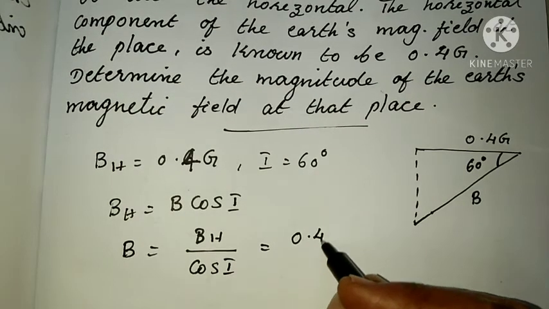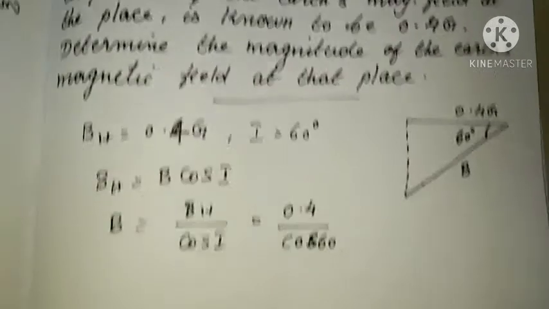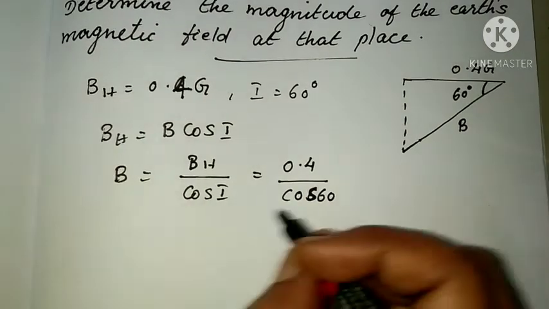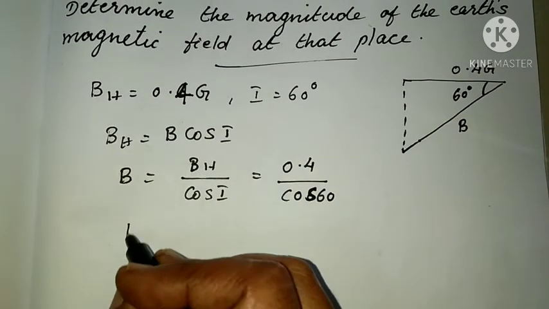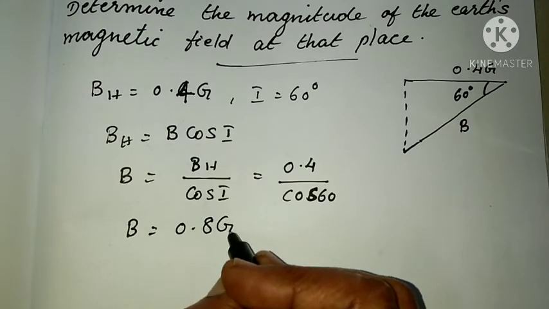That is 0.4 divided by cos 60. Cos 60 is 1 by 2. So, you will get the answer B equal to 0.8 Gauss. Clear?